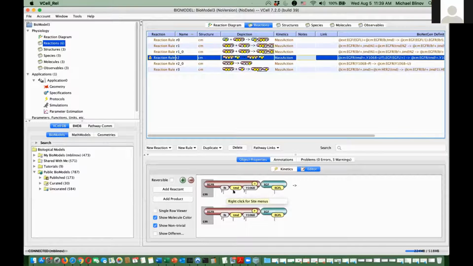So in this case, this EGF, you will see it on the next iteration. So this phosphorylation will be enabled for either EGFR being in a complex with EGF, or EGFR being in a complex with another EGFR that is bound to EGF.